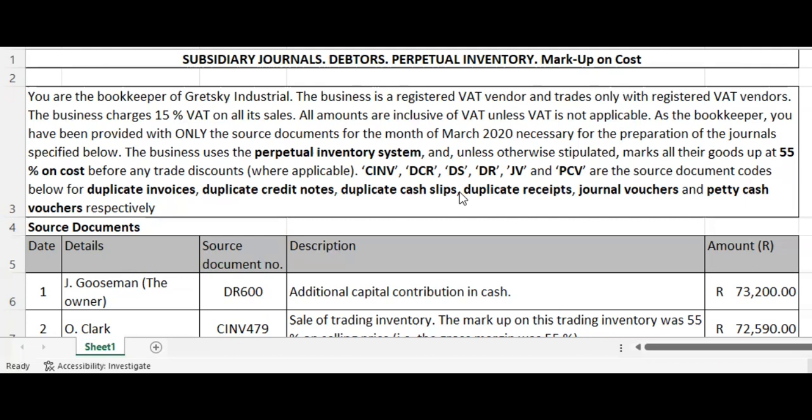If you see DCR, you know you are looking at a duplicate credit note. If you see CDS, it's a duplicate cash slip. If you see DR, it's a duplicate receipt. If you see JV, it's journal vouchers. And if you see PCV, it's petty cash vouchers. So now you know that.